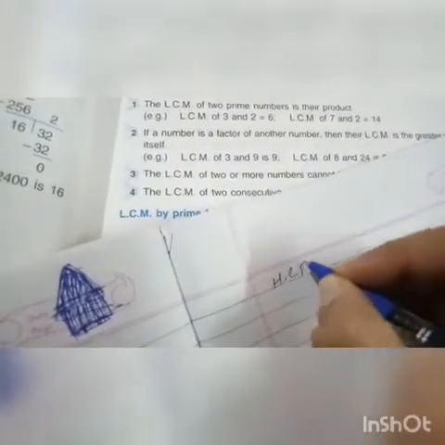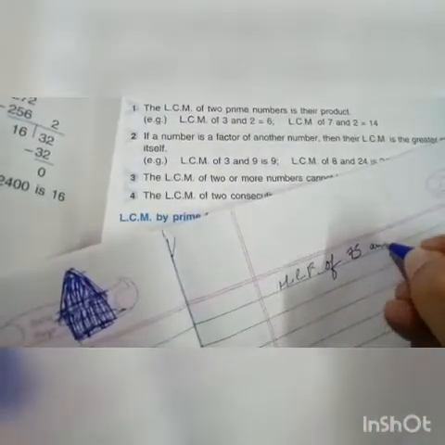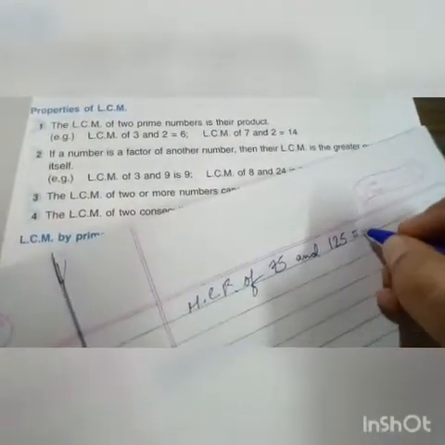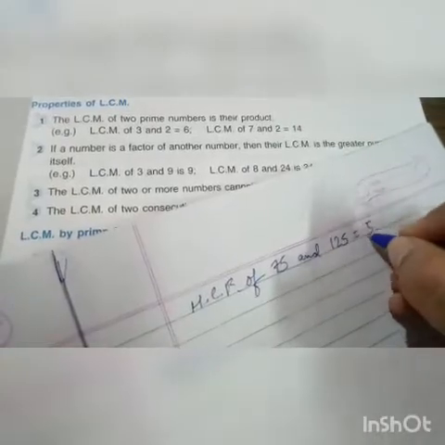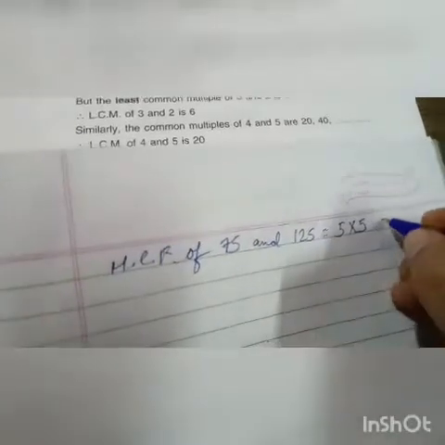Now we have to take out the highest common factor. So the highest common factor of 75 and 125 is equal to the product. So 5 multiply 5. The 2 times 5 are common here, so we will multiply them, the product. So 5 5s are 25.